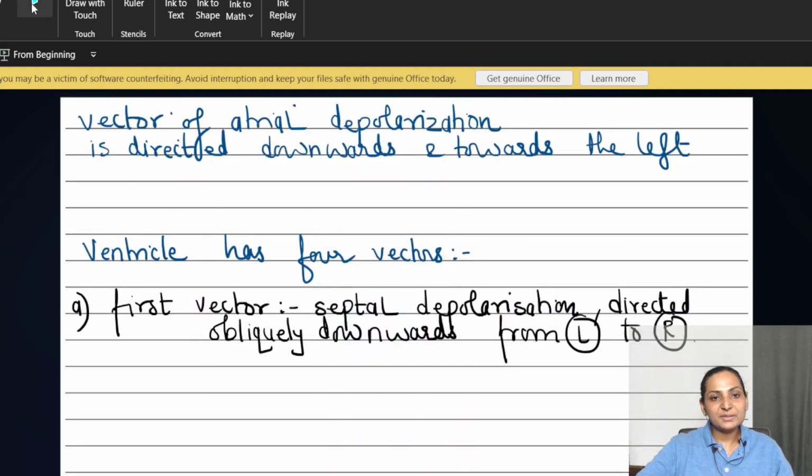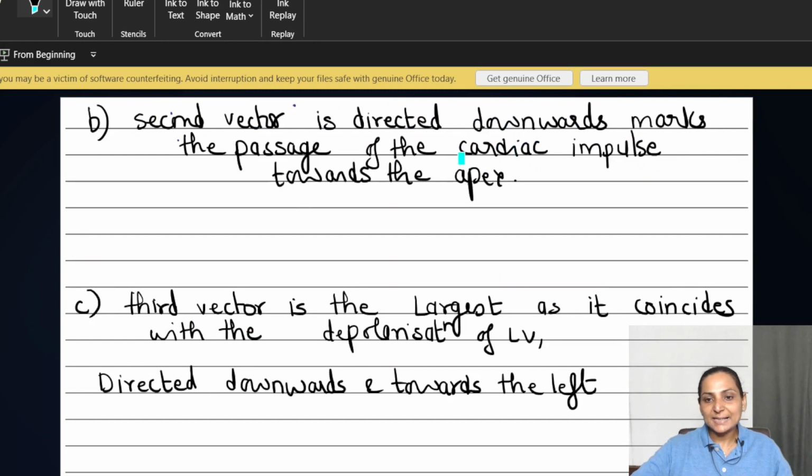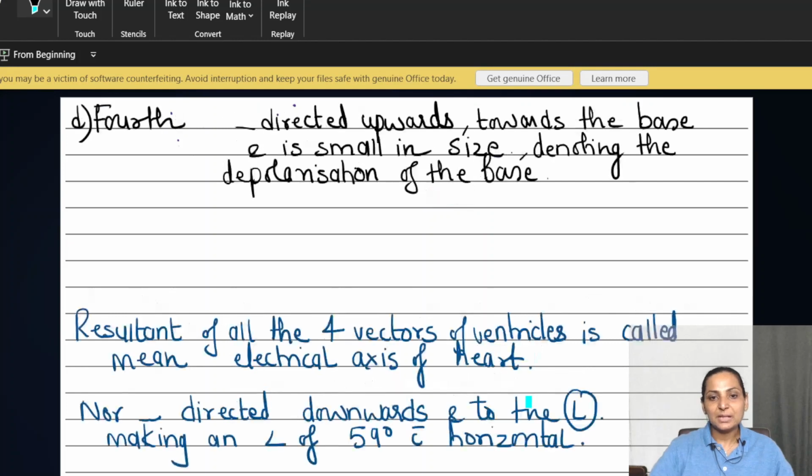See, the vector of the atrium is directed downwards and towards the left, and then the 4 vectors. The first vector is septal depolarization, the second vector moves down towards the apex, the third vector, the strongest vector, is depolarization of the left ventricle down and towards the left, and the fourth vector is depolarization of the base, the uppermost, last portion.